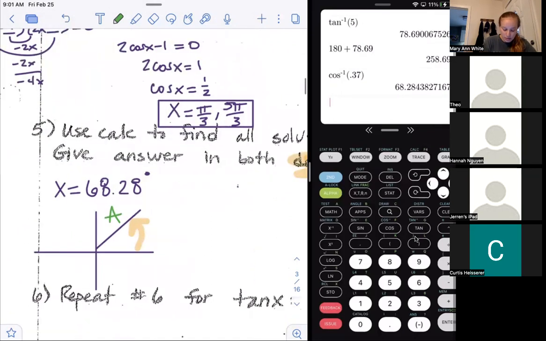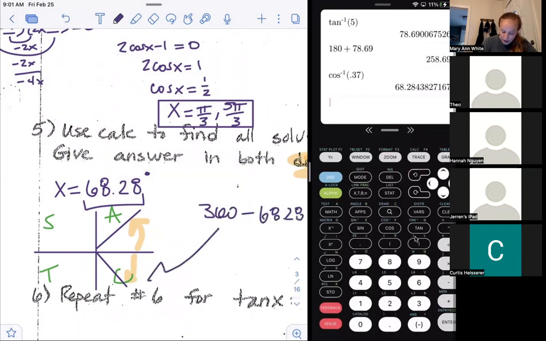So in the first and the fourth quadrant is where cosine is positive. So I need to think about what my angle would be if I was in the fourth quadrant as well. It has a reference angle of that 68.28, but now I'm in the fourth quadrant. So we're going to take 360 minus 68.28 in order to figure out that angle right there.